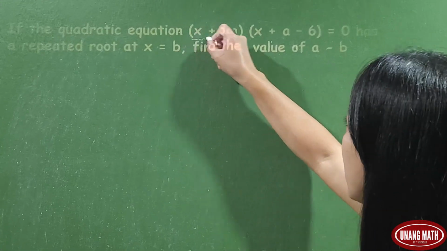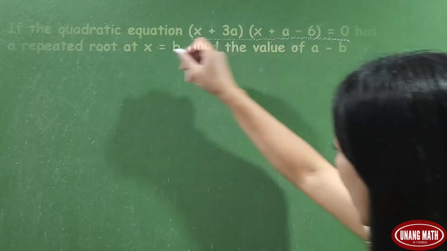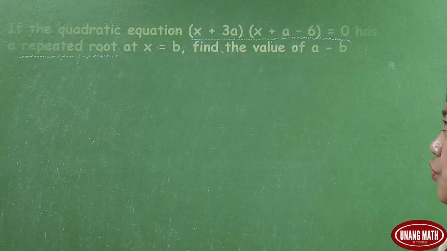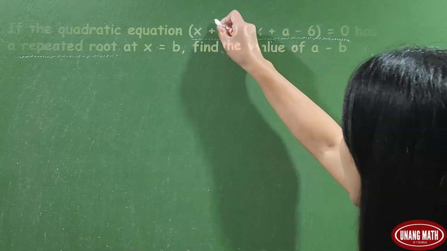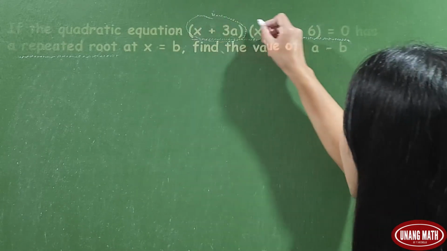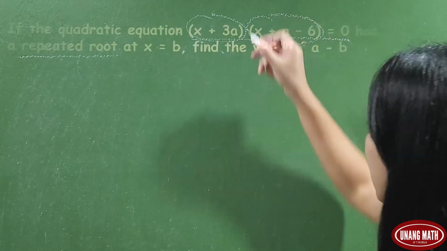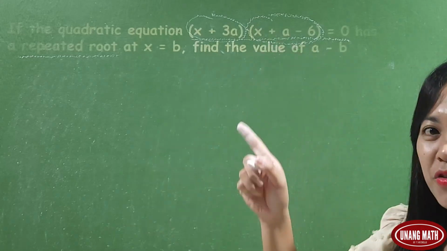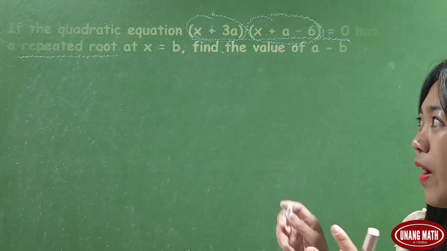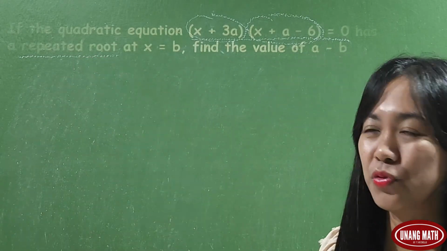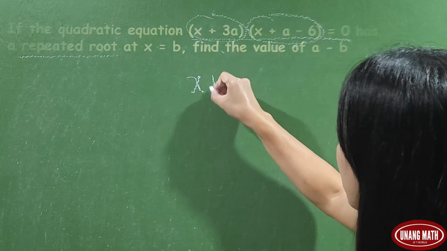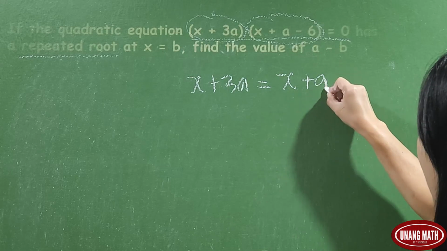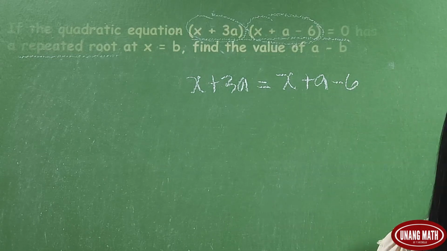We have this quadratic equation, and according to this, it has a repeated root. So the two expressions here are equal: x plus 3a is equal to x plus a minus 6.